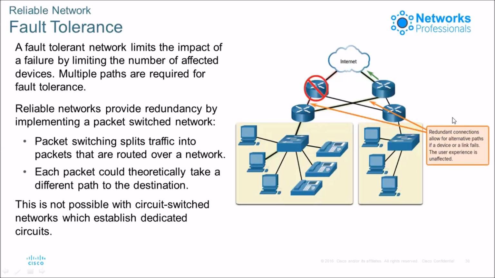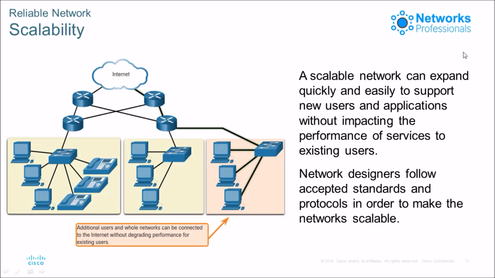In this condition, our users are totally unaware of which path our data is using to reach from source to destination. Another important aspect of a reliable network is scalability.